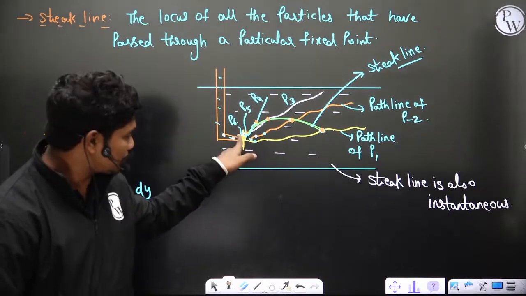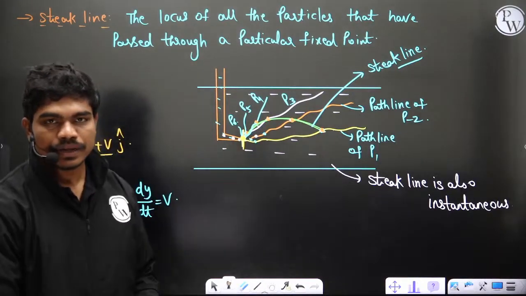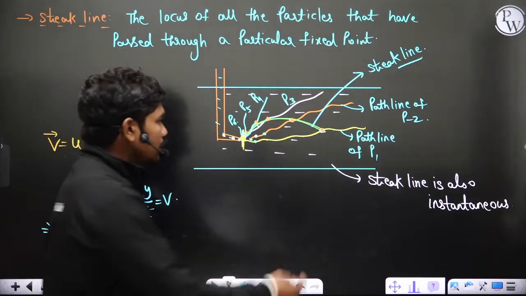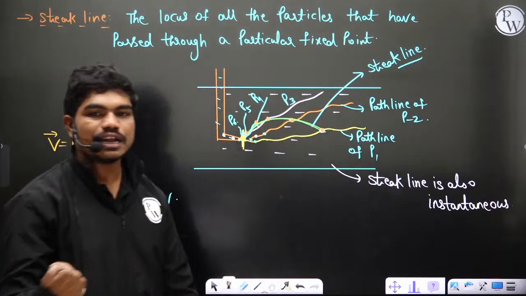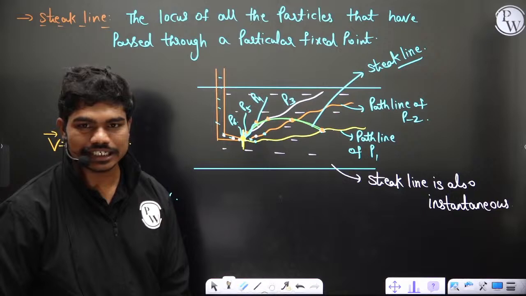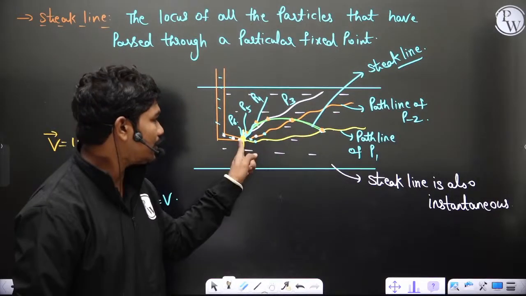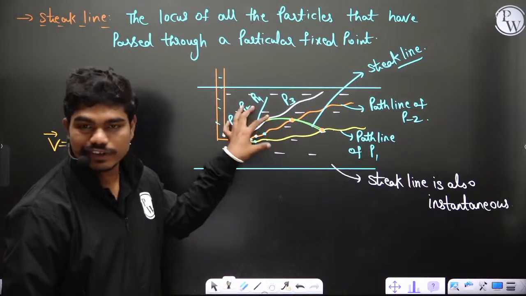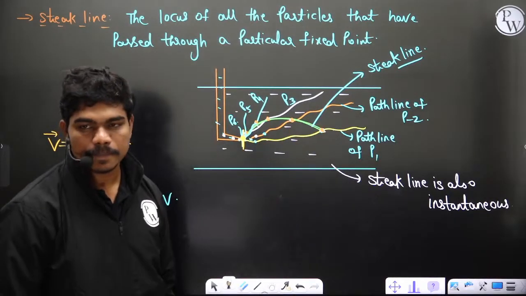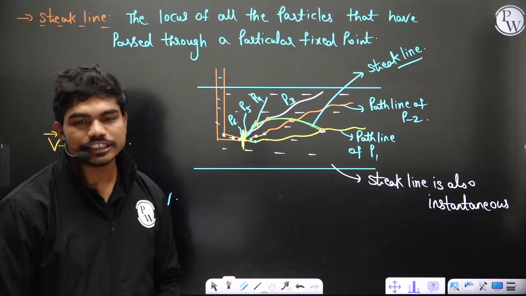Yes or no? Let us suppose this is at t equal to 5 seconds. Then at t equal to 6 seconds, this particle gets displaced here, this particle moves somewhere here, this particle moves somewhere here. If you draw the streak line at t equal to 6 seconds, then definitely t equal to 5 and t equal to 6 will not have the same streak lines, because these particles will not stay at those positions, they will change. Understood? Is this clear to all of you?